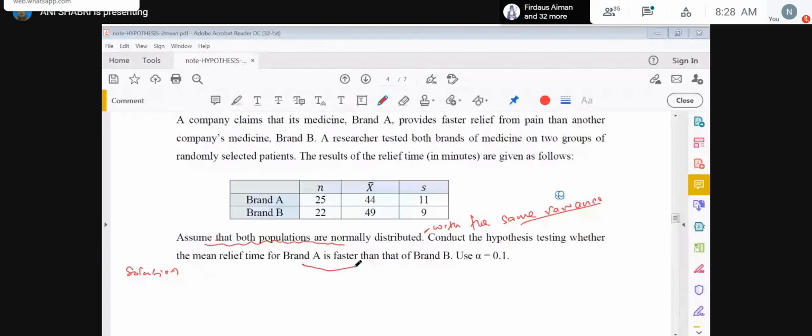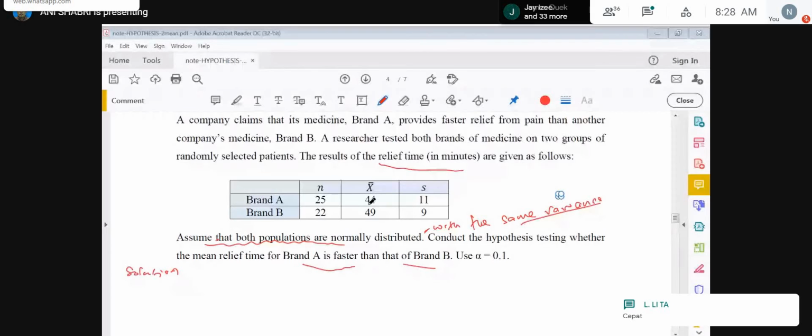Masa lebih lama lebih bagus ataupun lebih cepat lebih bagus? Kalau sakit, lebih cepat sembuh lebih bagus. Less. Lebih cepat lebih bagus. Jadi dia punya hipotesis, what is the hypothesis?